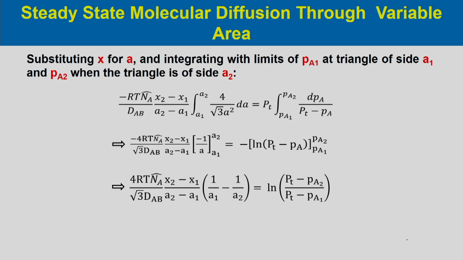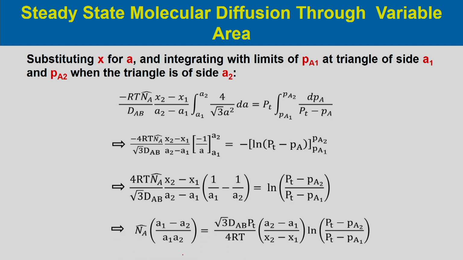left hand side can be written as 4 RT NA cap divided by root 3 DAB into (x2 minus x1) divided by (A2 minus A1) into (1 by A1 minus 1 by A2), if we put the limit in the earlier equation, which would be equal to ln (PT minus PA2) divided by (PT minus PA1).